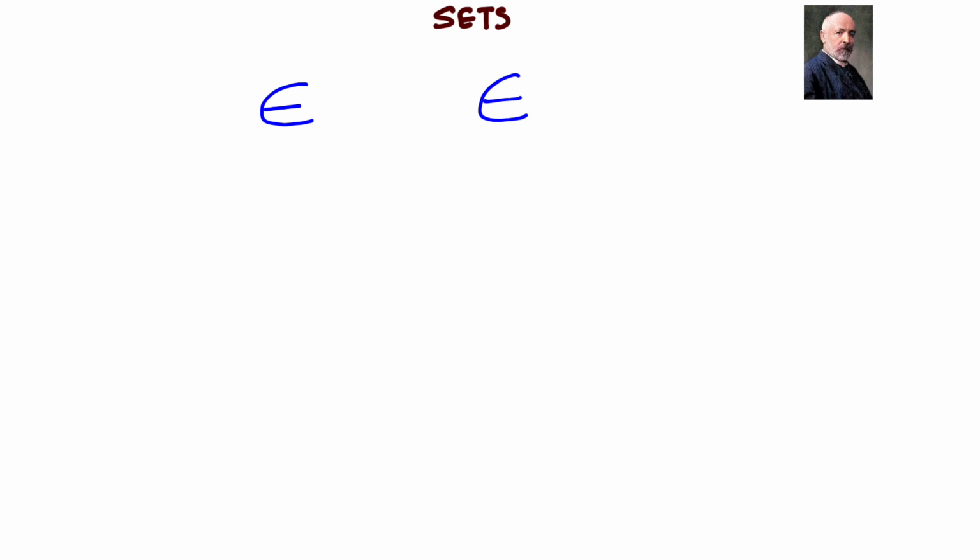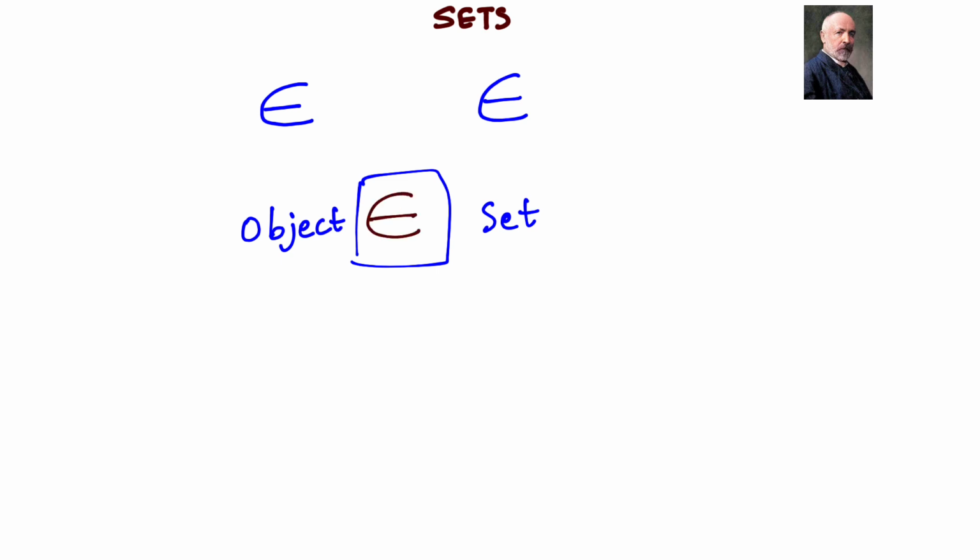If this is the object or member of the set, and here it is the set, we can fill the blank here by epsilon, which means this object is a member of this set, or we can say this object is in the set, this object belongs to the set.